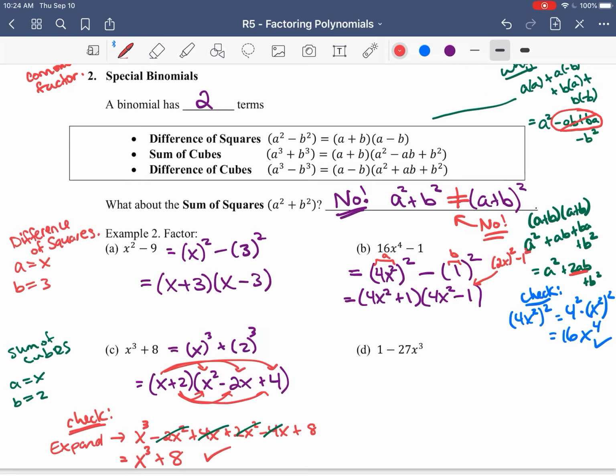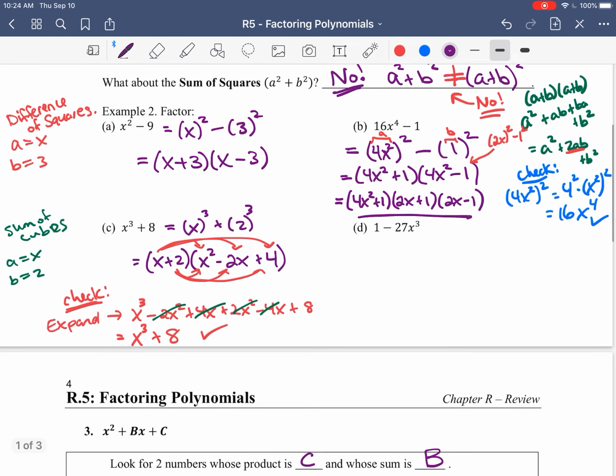Now my a is 2x, and my b is still 1. So this is going to reduce even further to 4x squared plus 1 times 2x plus 1 times 2x minus 1. Remember that my a was 2x, so it's a plus b and then a minus b. So I factored that even further.